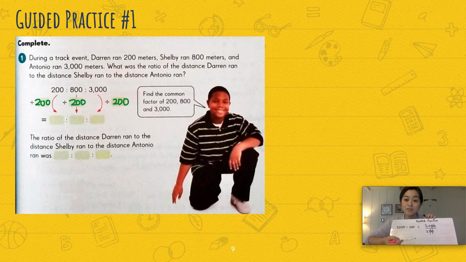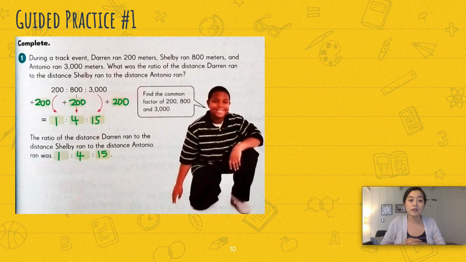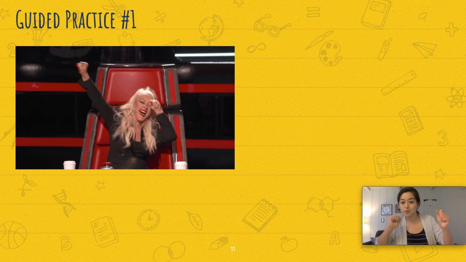What is half of 30? That's equal to just 15. So the simplified ratio is 1 to 4 to 15. And there are no other common factors besides 1. So it's in simplest form. Woohoo! Good job.